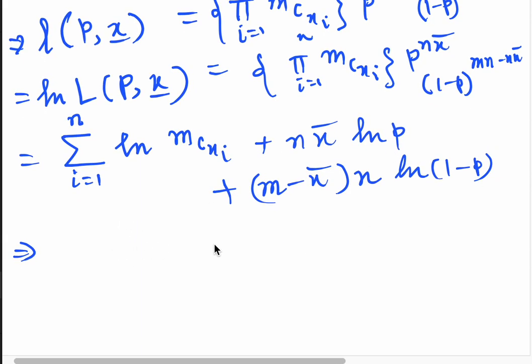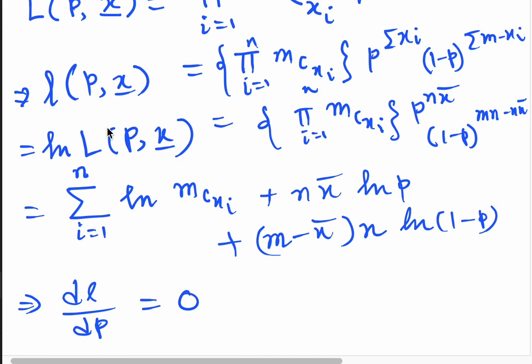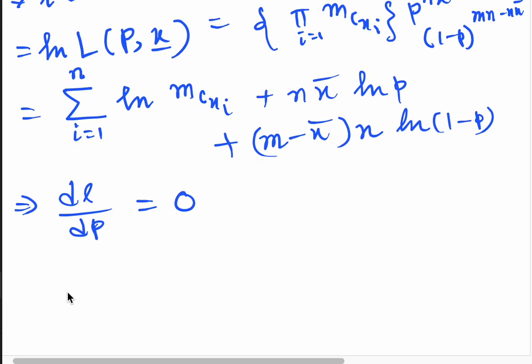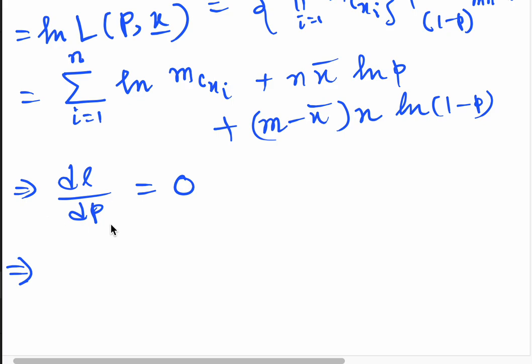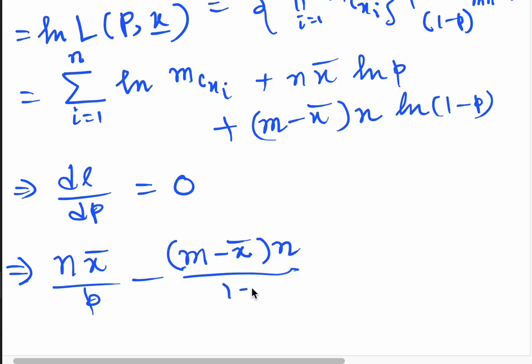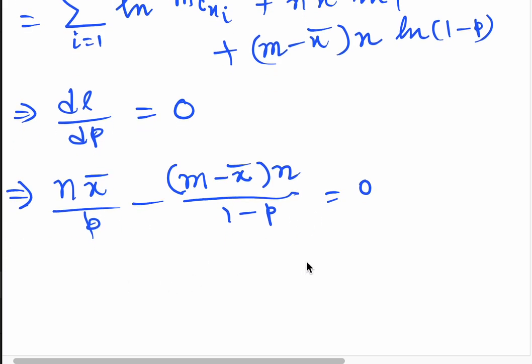Now differentiating this equation with respect to p we get dL/dp. To get the maximum likelihood, we have to maximize this function, so we take such value p for which dL/dp is 0. So dL/dp will be n x bar by p minus (m minus x bar) n by (1 minus p) equal to 0.